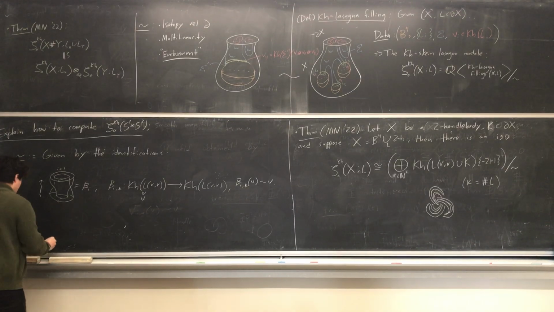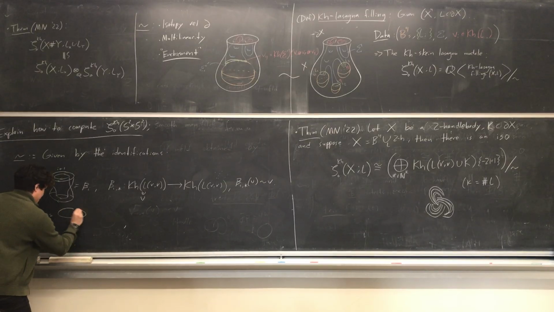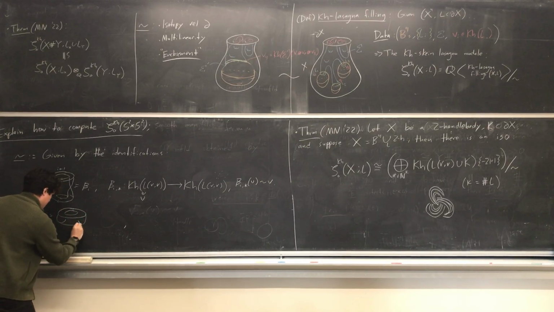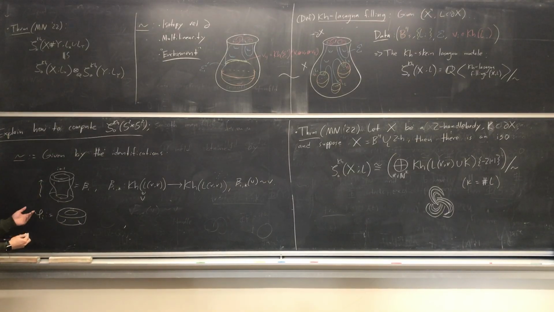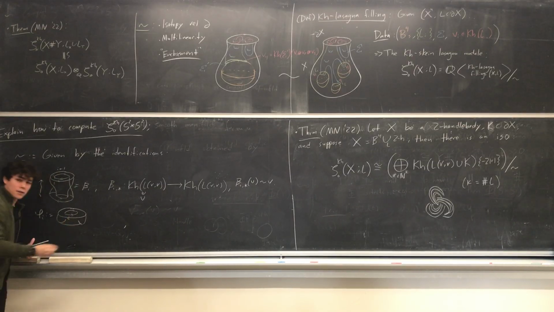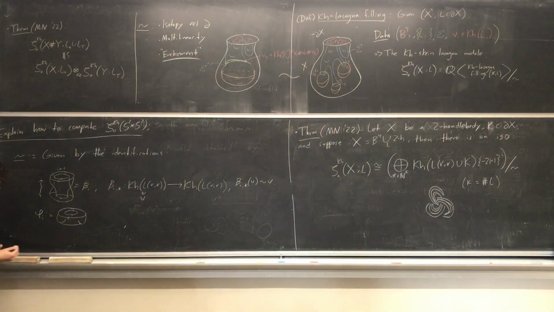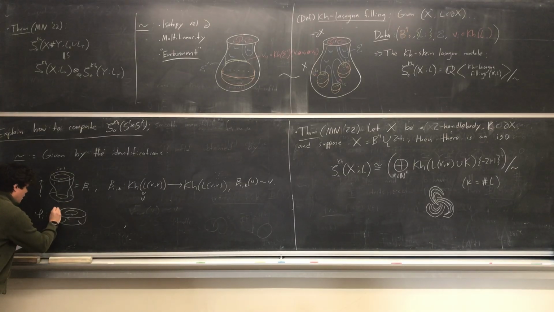Okay, and there's another. Let's say phi i. We'll define this as this cobordism. This is the cobordism that starts at nothing and spawns two oppositely oriented parallel strands. For the experts, these are technically dotted.